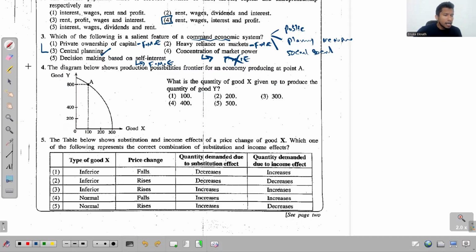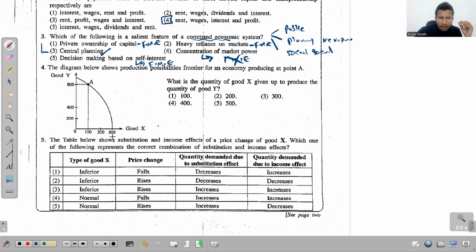Just assume that this economy does not produce a single unit of good Y and it produces only good X. If so, the economy can operate at this point and if you look at the amount that is produced of good X, we see 300, which means if the economy does not allocate a single resource to produce good Y, they can produce 300 units of good X, right?